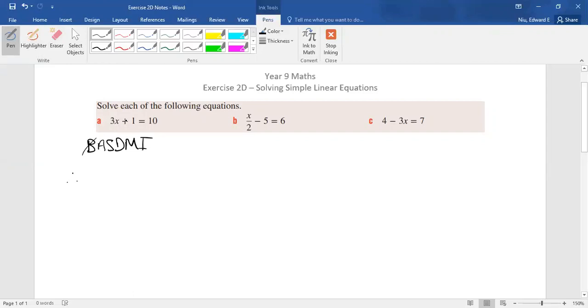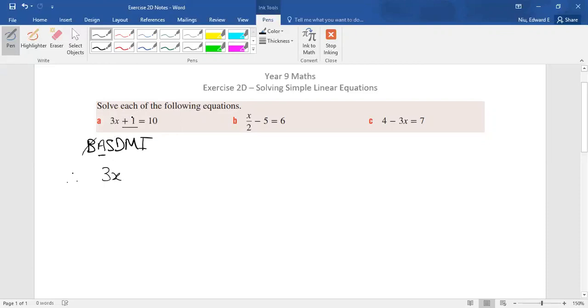Do we have any addition? So purely addition terms. Yes, we do. We have a plus 1. So to deal with this addition, we inverse it and chuck it to the other side. So our first line of working, we've got 3x.